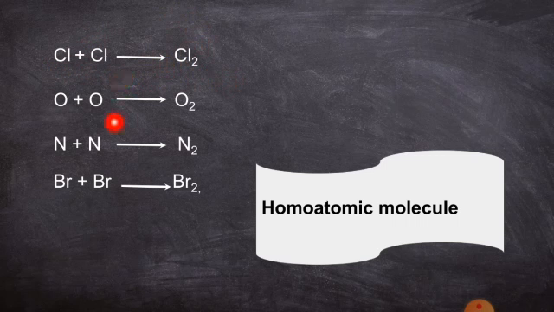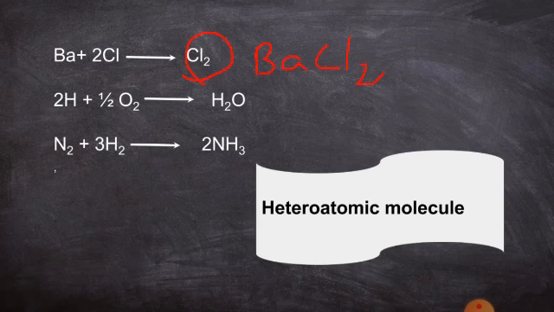Two oxygen atoms combine to give an oxygen molecule. Two nitrogen atoms combine to give a nitrogen molecule, like that bromine. So what is a homoatomic molecule? When two or more same atoms combine to give a molecule, it is said to be a homoatomic molecule.